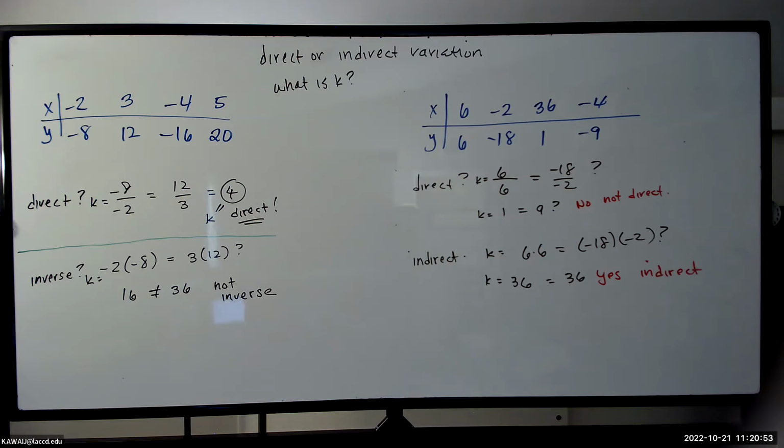I'm sorry, line going up is positive. Line going down is negative. Now, remember that this is collected data. You took a whole bunch of people's data, and then you put it on some graph.